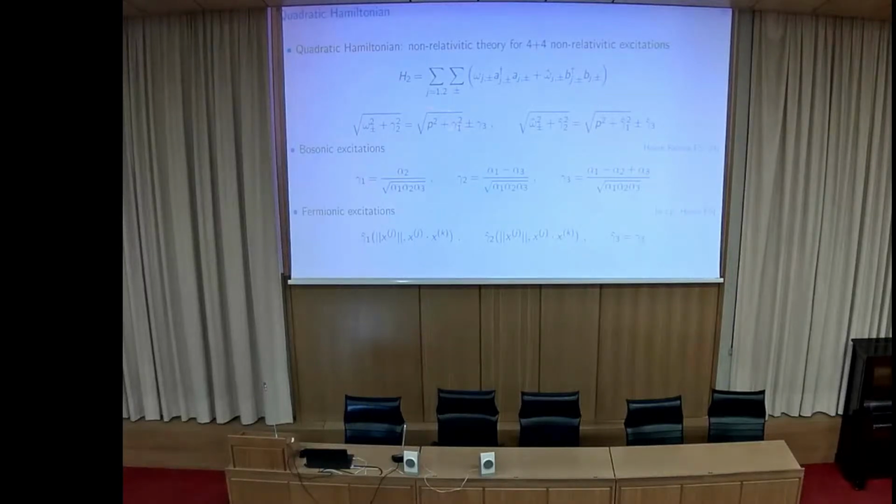And as for the Jordanian deformation of yesterday, we have this funny double square root structure between the energy of the excitation and the momentum of the excitations. Here, gamma 1, gamma 2, and gamma 3 are deformation parameters. For the bosonic excitations, these deformation parameters are directly related to the deformation parameters in the action, alpha 1, alpha 2, and alpha 3.